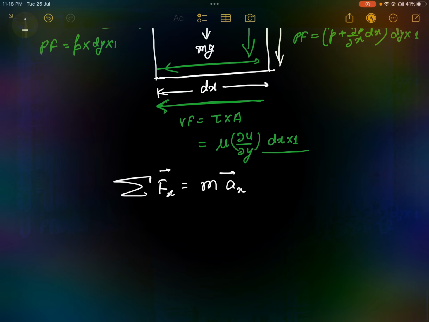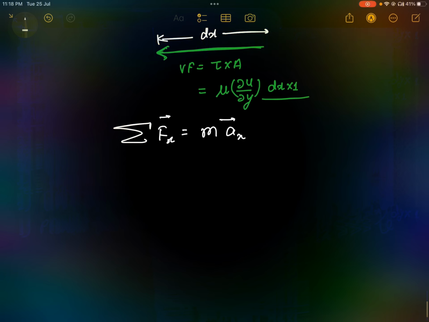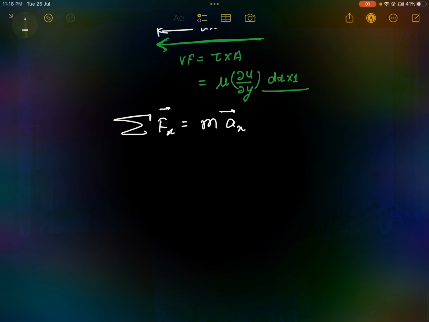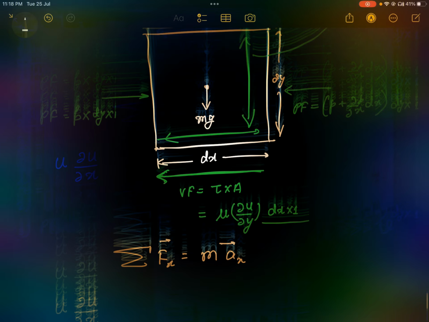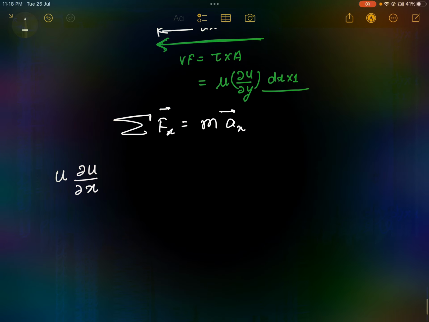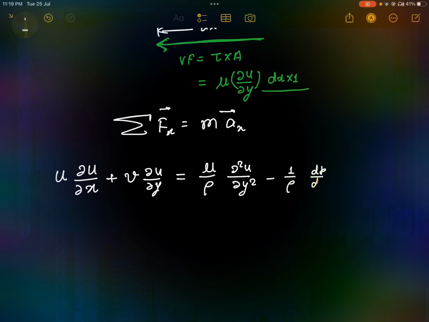So, applying the momentum equation or Newton's second law, we get the resulting momentum equation for the hydrodynamic boundary layer along the x direction, which will be something like this: u del u upon del x plus v del u upon del y is equal to mu by rho del square u by del y square minus 1 by rho dp upon dx. When you balance all the forces, then you will get this equation. That is very easy to find out.